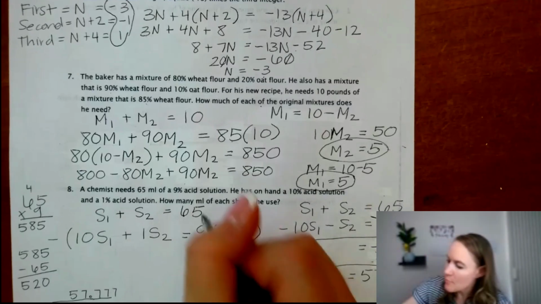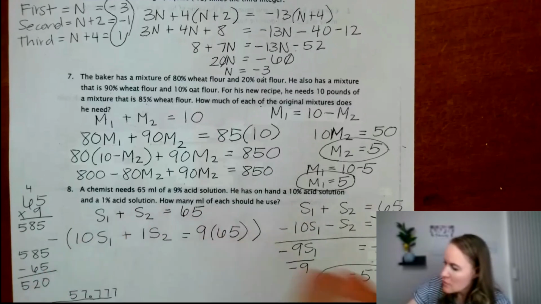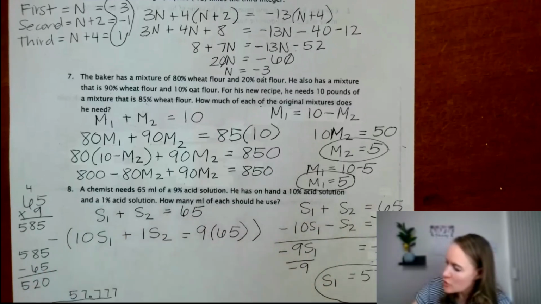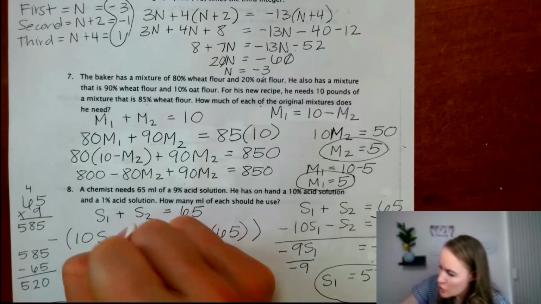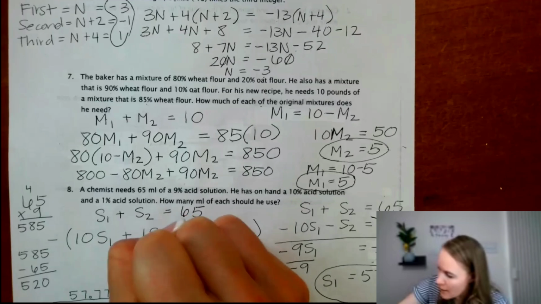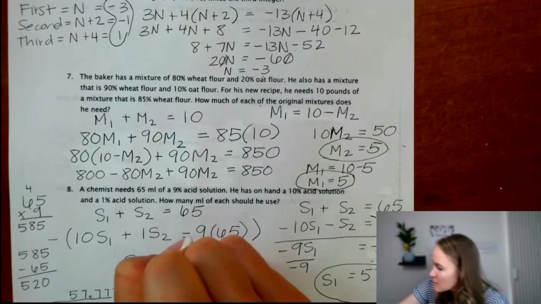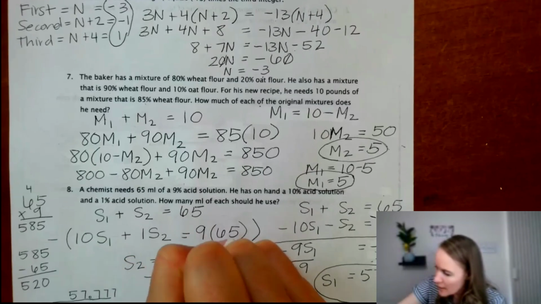And then I'm going to stick it back in my equation, and I'm just going to use that equation. So I have solution 2 equals 65 minus 57.78.